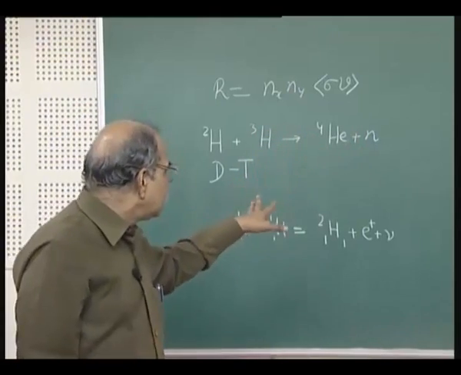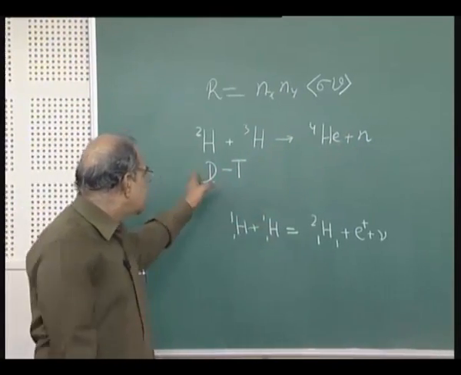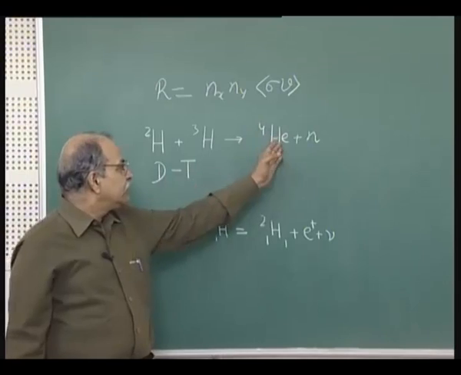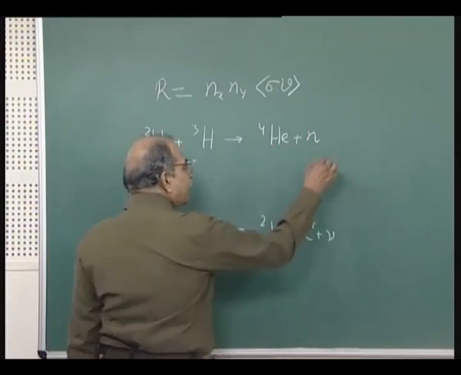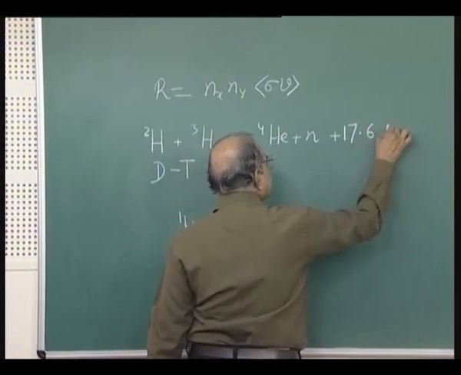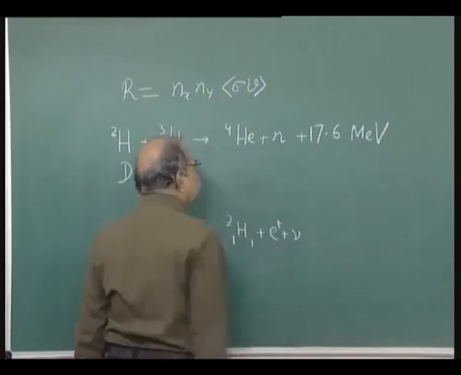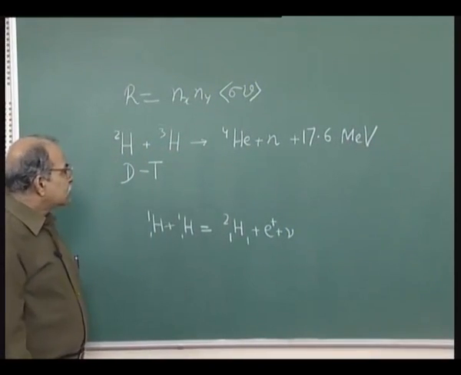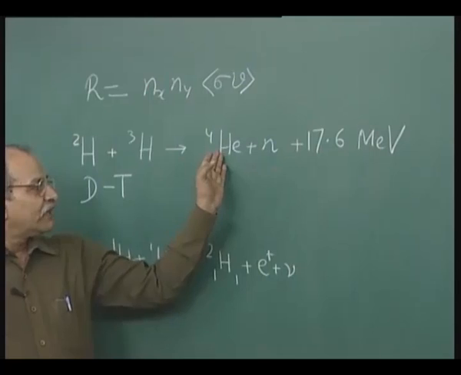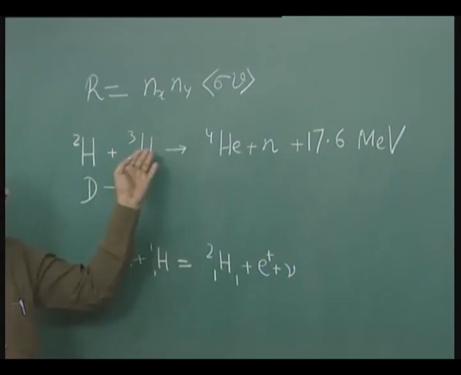So, on many different accounts, this DT seems to be much better, making this helium and neutron, and it releases some 17.6 MeV of energy. And this 17.6 MeV of energy is shared by these two in the center of mass frame.